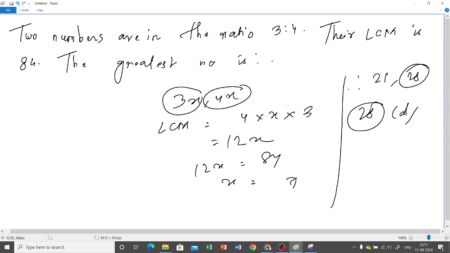LCM is not addition. The numbers are 3x and 4x. So what will be the LCM? Take the bigger number, I took 4x. So in 3x, what is not there will be included. So 3 is included, so it is 12x. Now 12x equals 84. What is x? x is 7. So if x is 7, 3x and 4x are 21 and 28.